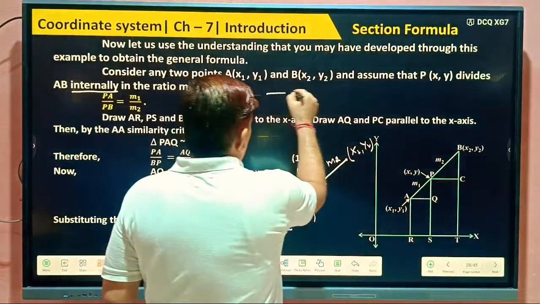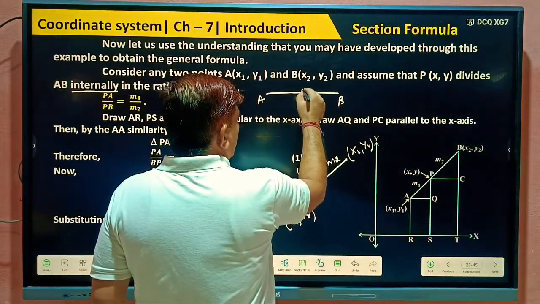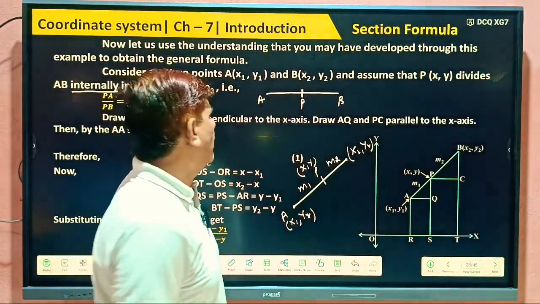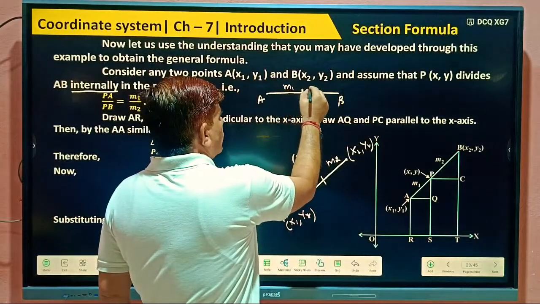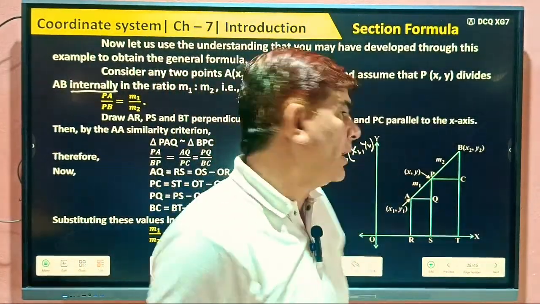Internally means that if we have a line AB and the point P lies on this line AB and divides it in this ratio, then this division is called internal.